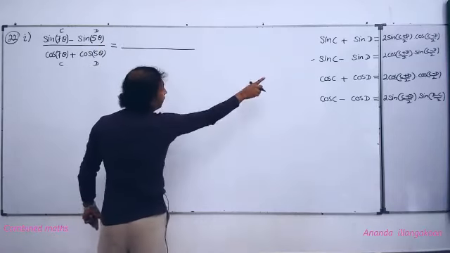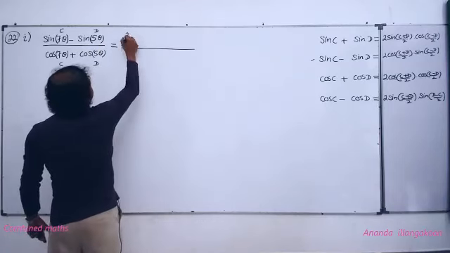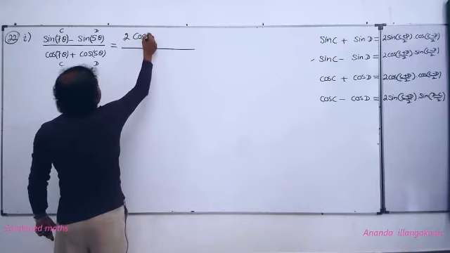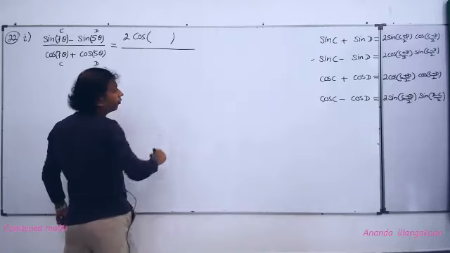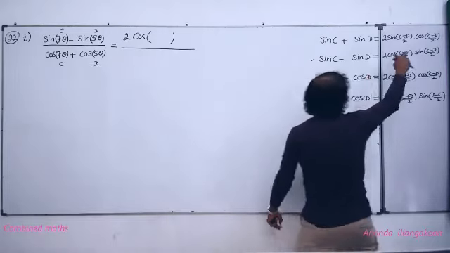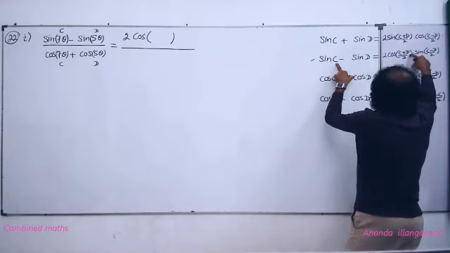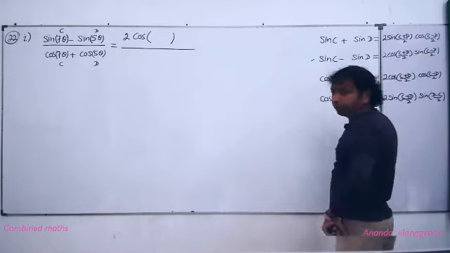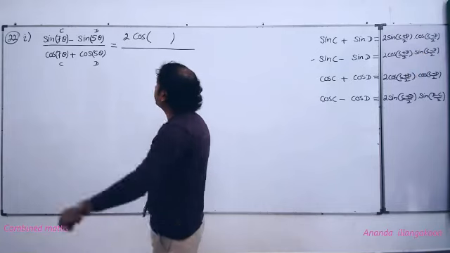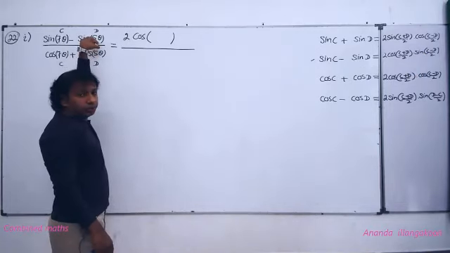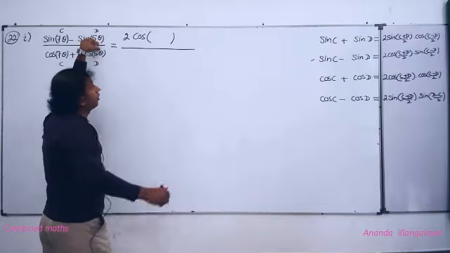What do you get? 2 cos, and the first angle is C plus D: these two angles we add and divide by 2. 7 theta plus 5 theta is 12 theta, divided by 2 is 6 theta.